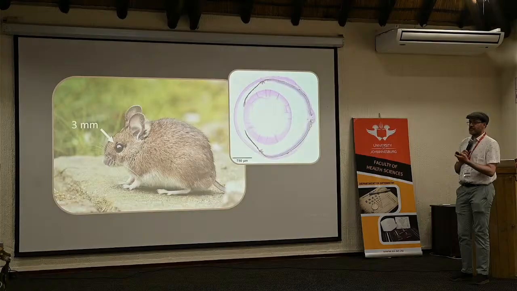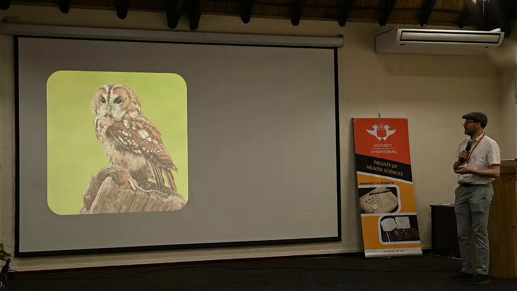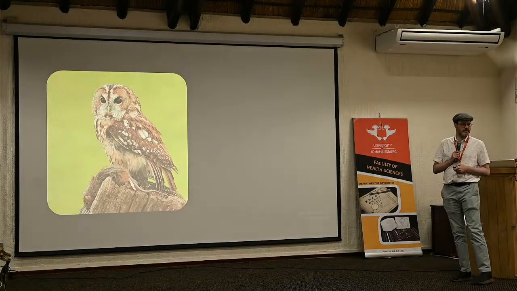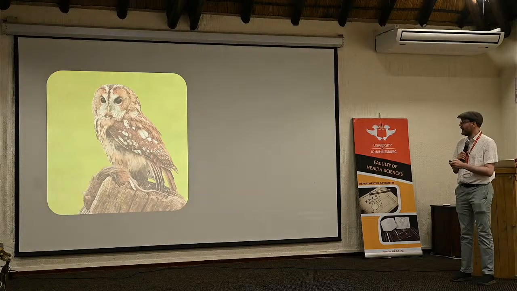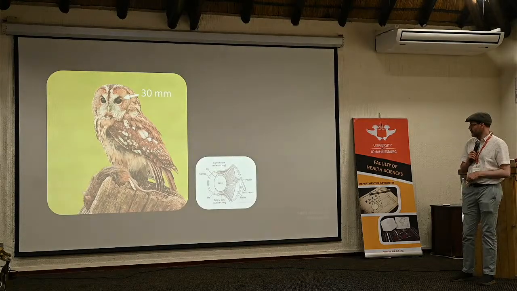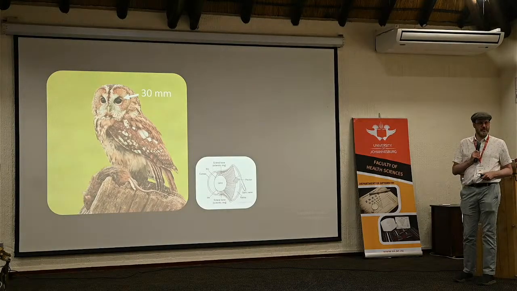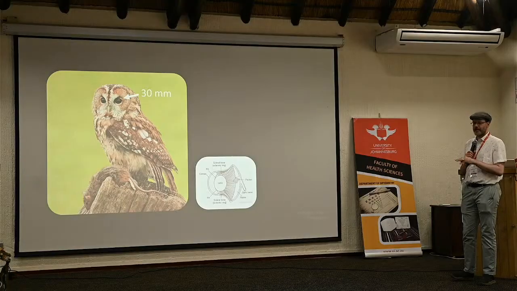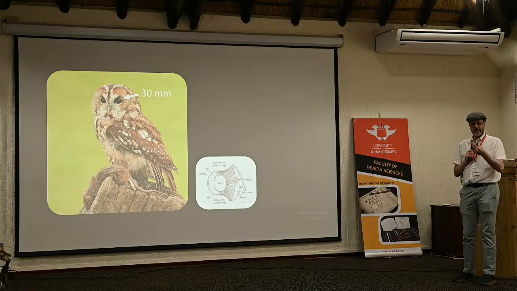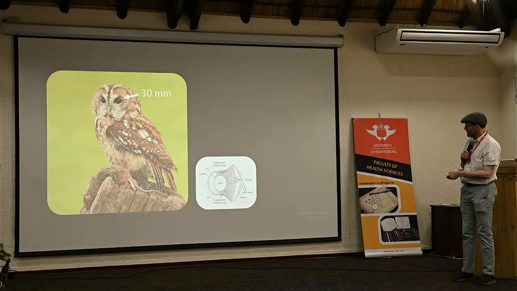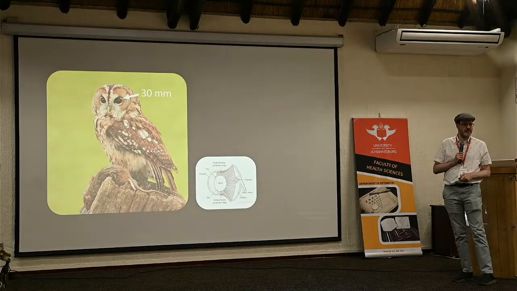And then if you go bigger, 10 times bigger, we go past humans, we end up with owls. An owl has an eye of 30 millimeters, but the shape of the eye is quite a bit different. In fact, a lot of bird eyes, if you look at them, they look more like an LED shape, like a little tubular thing with a round thing, and then this little fin at the end for some reason.